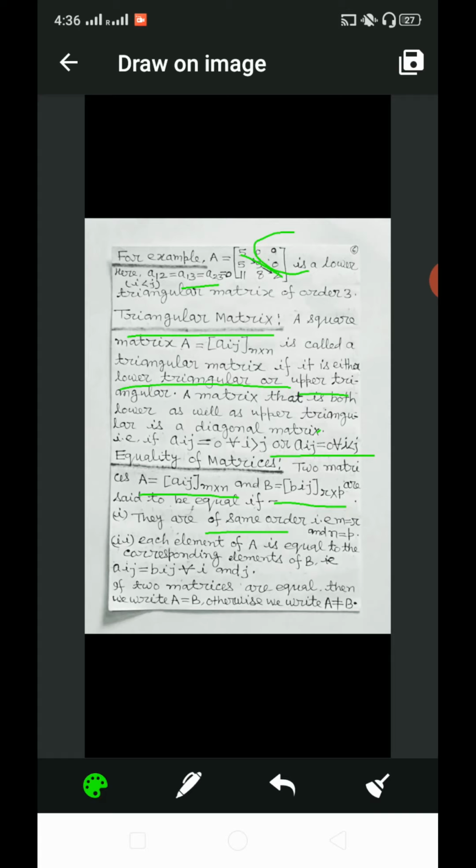And the second condition, each element of A is equal to the corresponding element of B. That is, Aij is equal to Bij for all i and j.